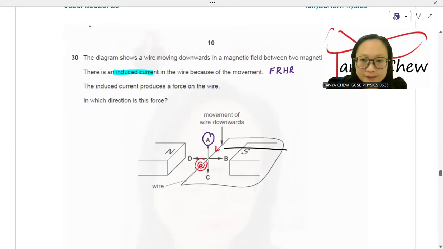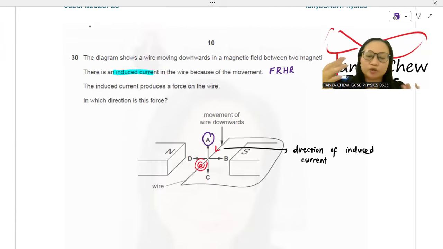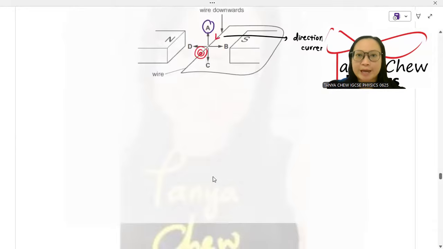This is the direction of induced current. Since we have the direction of the induced current, if you want to determine the force, you use your Fleming's left hand rule. That's it. So the answer is A.